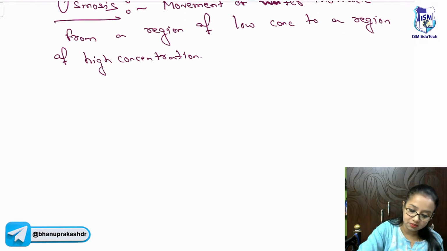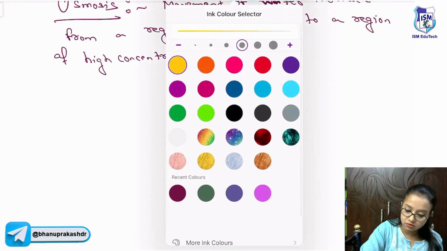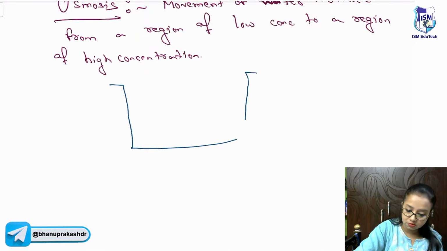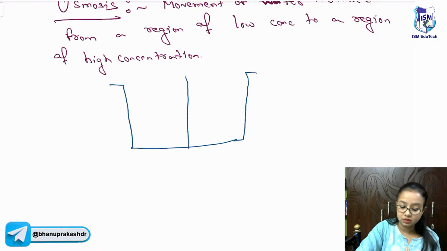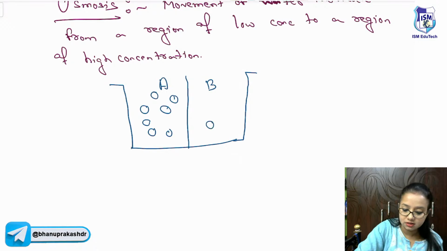Osmosis is a process that all of you know. You have studied it already in your school days. Suppose this is a vessel which has a permeable membrane. This is A and this is B. Where will the movement of the water particles be?